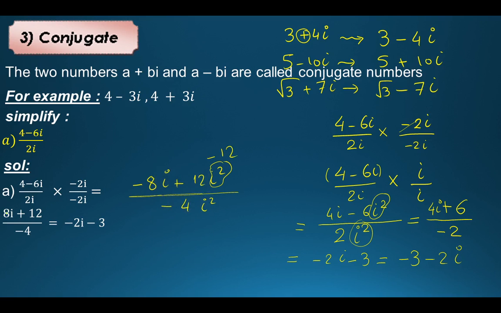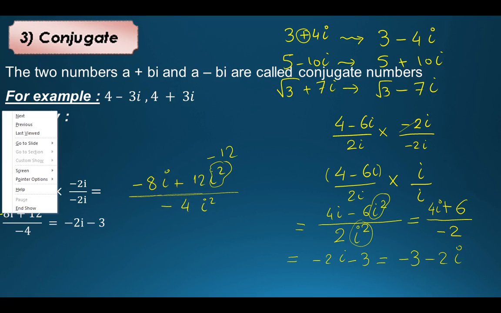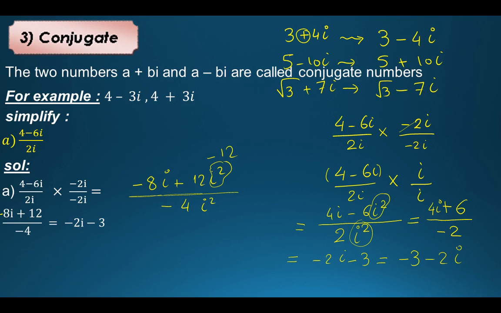So here we can write negative 8i minus 12. This is not positive 12, this is negative 12.